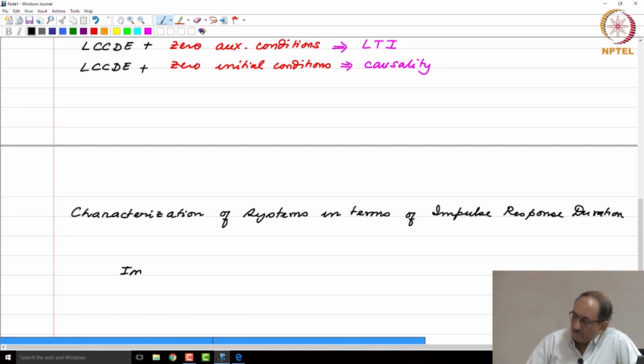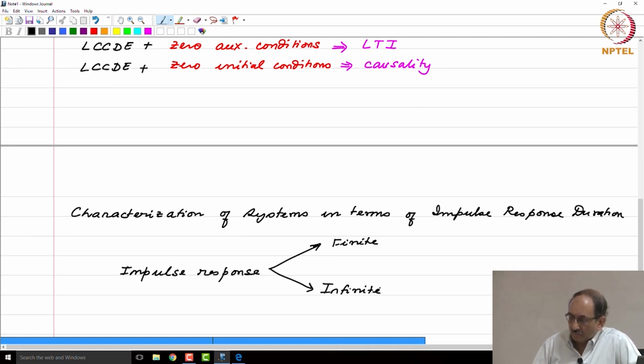The impulse response duration can either be finite or infinite, and if the impulse response duration is finite, this is called finite impulse response, and this is denoted as FIR.